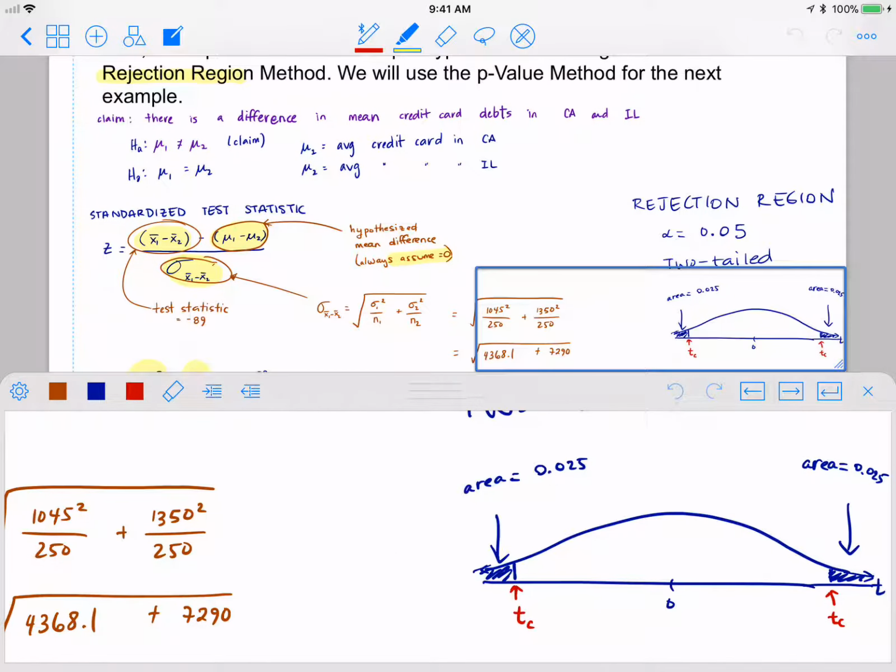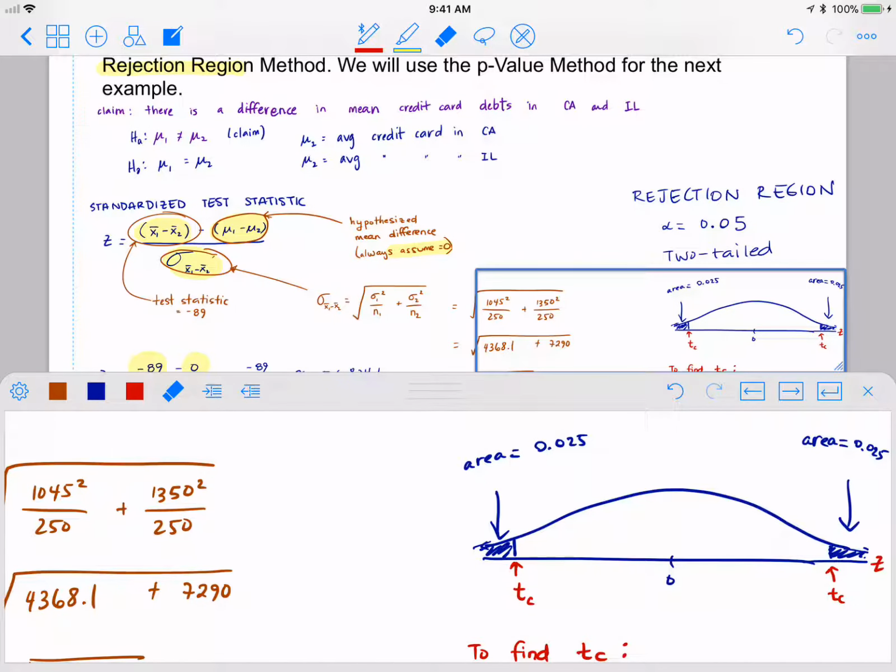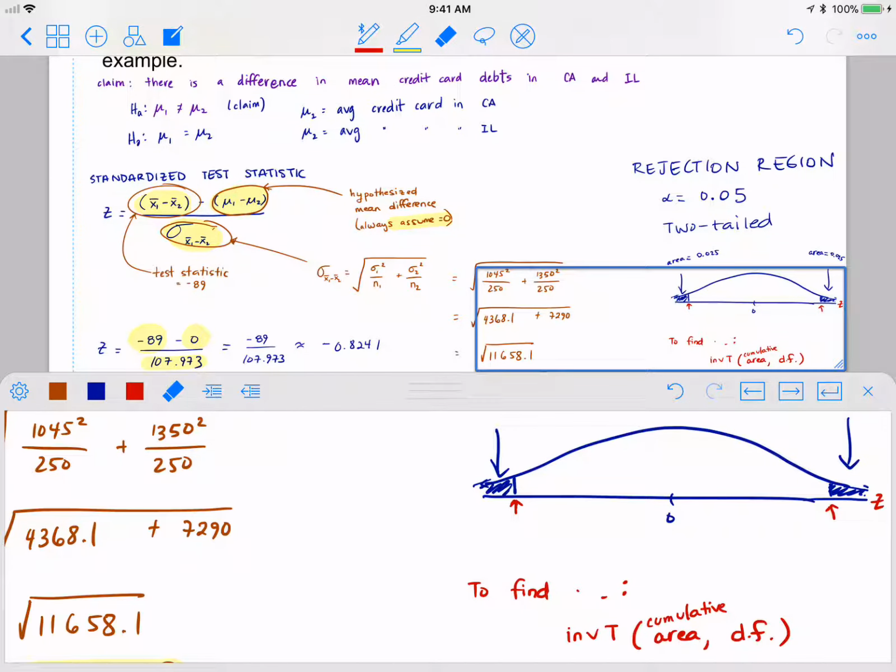So let me go ahead and correct that. If you noticed my mistake, good job, right? And if you didn't, make sure that you listen to it again to understand why we don't have degrees of freedom. It's because we don't have a t distribution, we have a z distribution.